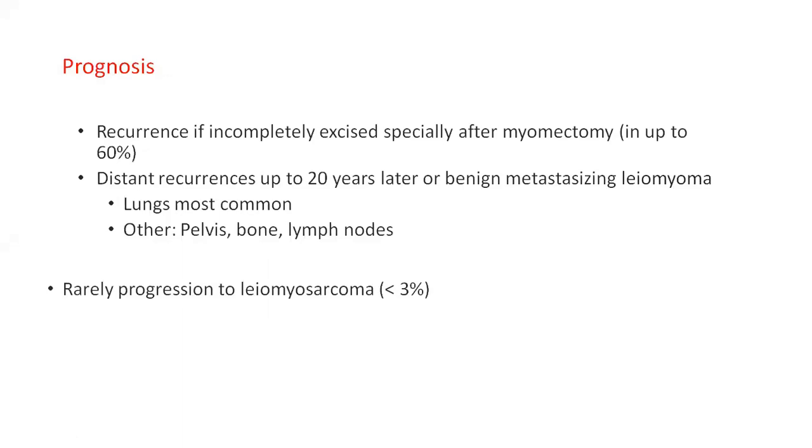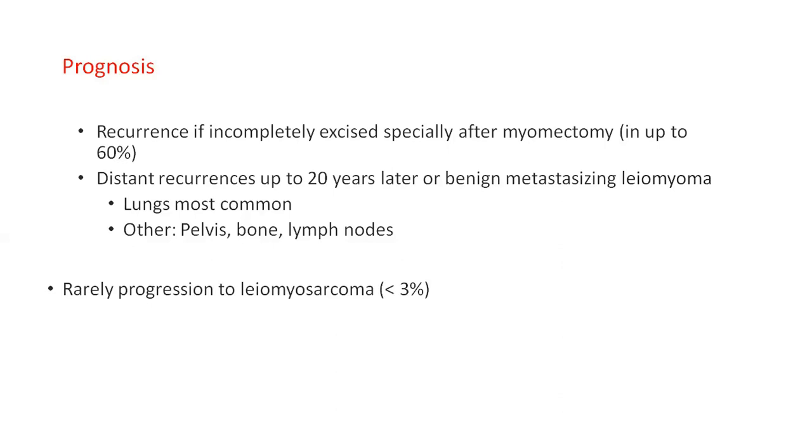And in terms of prognosis, all of them carry a different prognosis. If there is not a complete resection of these tumors, then recurrence can occur, especially when a myomectomy is performed and some portion remains in the patient. Sometimes distant recurrence can occur, especially in the lung.